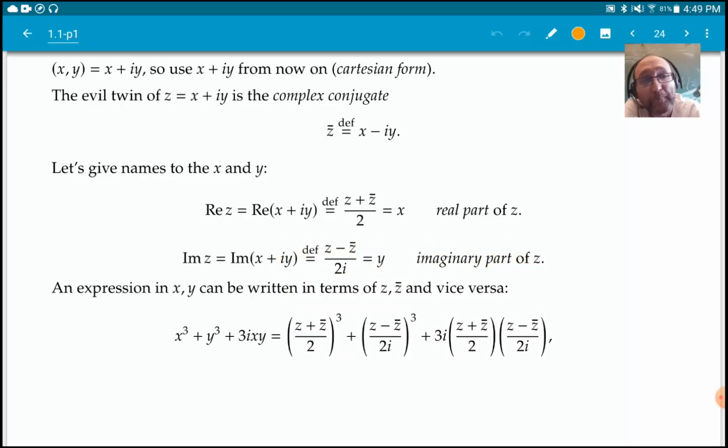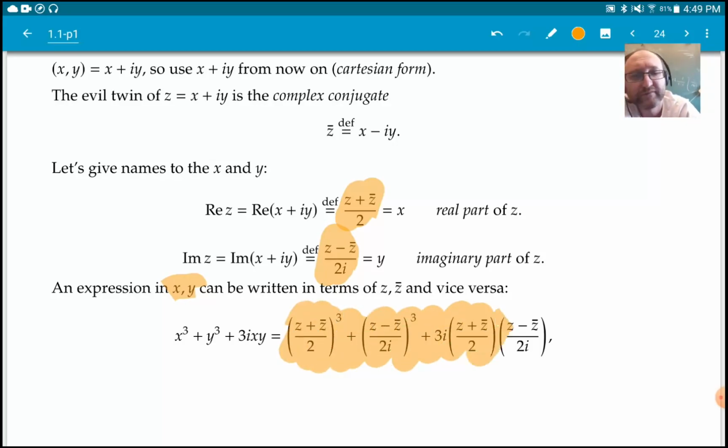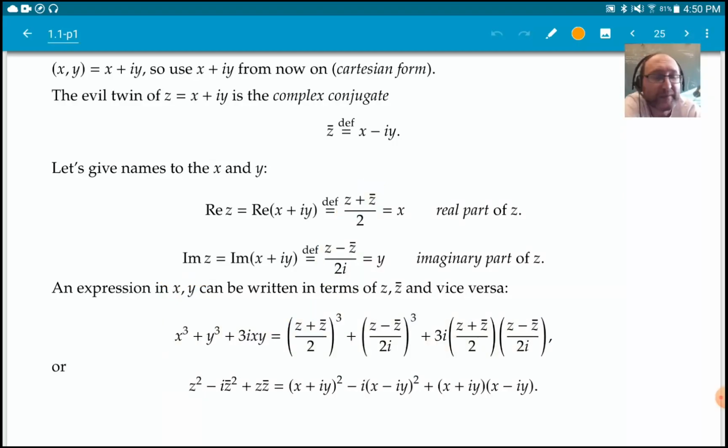All right, now if I have an arbitrary expression, let's say a polynomial in x and y, I can plug in these expressions in z and z bar and get an expression in z and z bar, and I could expand this if I wanted to. So this thing in terms of x and y is something in terms of z and z bar, or maybe even vice versa.